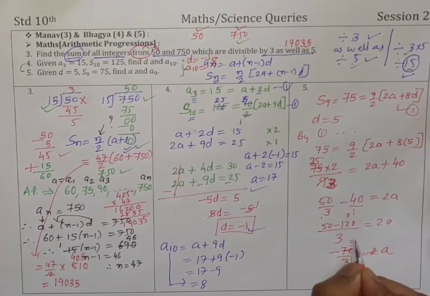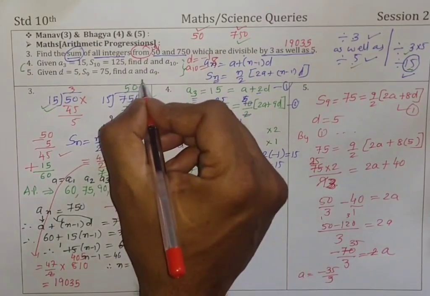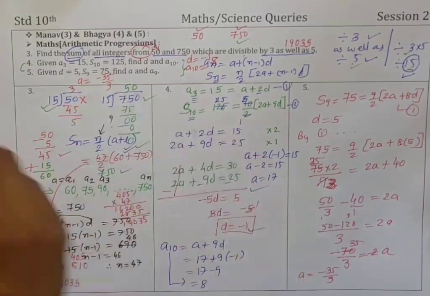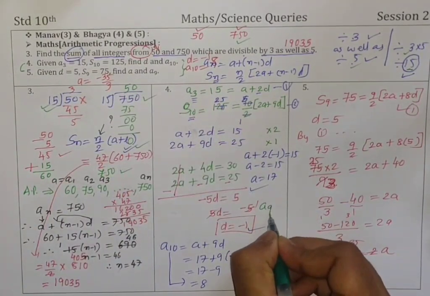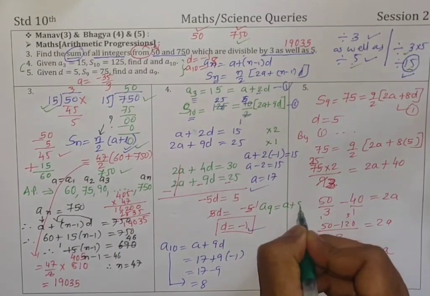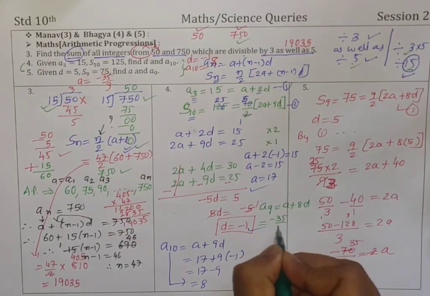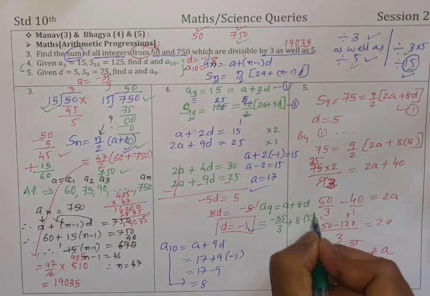2 thirty-fives are 70. So A is equal to minus 35 upon 3. So the value of A is minus 35 upon 3. A strange value came. Anyway, now you want to find A9, that is A plus 8D. Now what is A? Minus 35 upon 3 plus 8 into D. The value of D is 5.